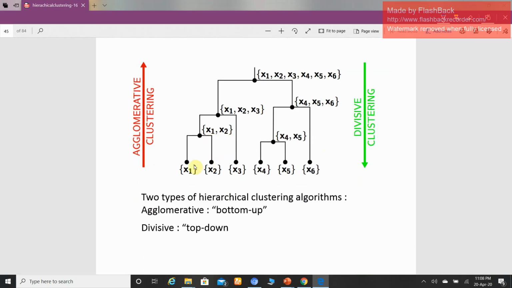See, all of you observe. Let us assume x1, x2, x3, x4, x5, x6 are the given data points. Based on these data points, how is agglomerative clustering working and how is divisive clustering working? Agglomerative clustering is a bottom-up approach. At the bottom level, each data point acts as a cluster.